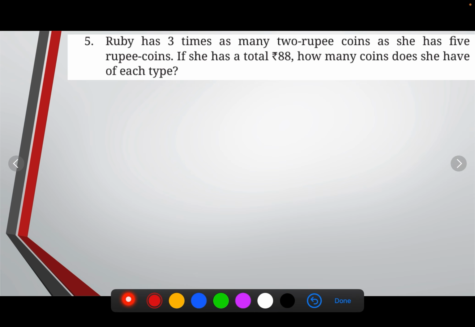Next, Ruby has three times as many 2 rupee coins as she has 5 rupee coins. Now this is a denomination question. We call it denomination.